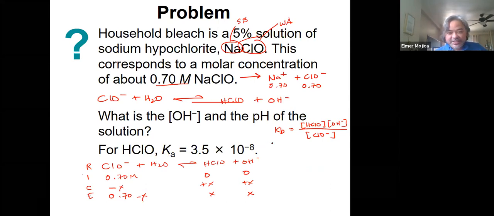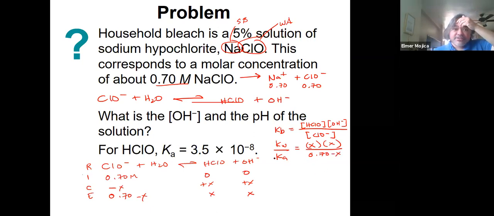What's given is the Ka, so I can make this Kw over Ka, and then I put there X times X over 0.70 minus X, and I think the initial concentration 0.70, divided by the corresponding Kb here.